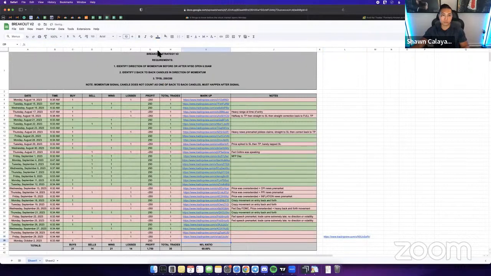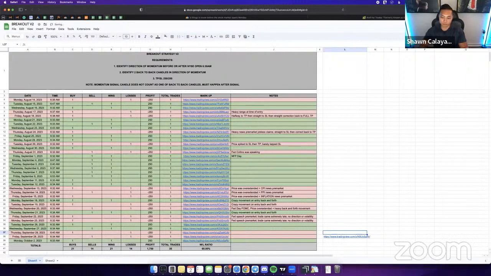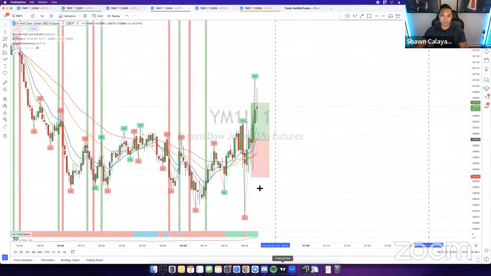Right, so breakout V2 was a win today. Let me see if there's anything else. There hasn't been a momentum counter scalp yet, so we're still looking for that as well. So first entry for the day, breakout V2, full TP. If you guys took it, great work.